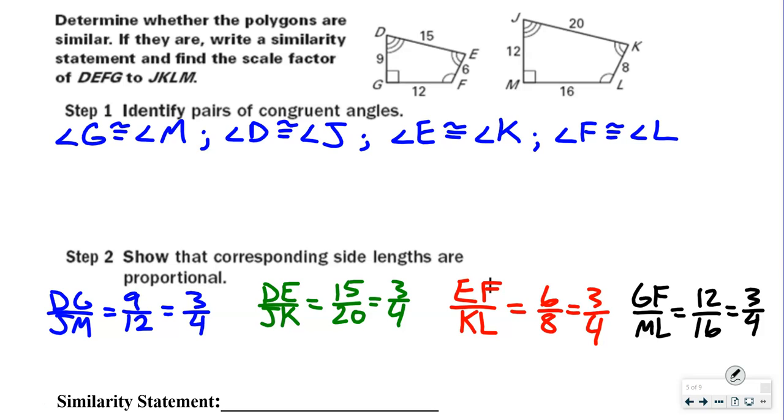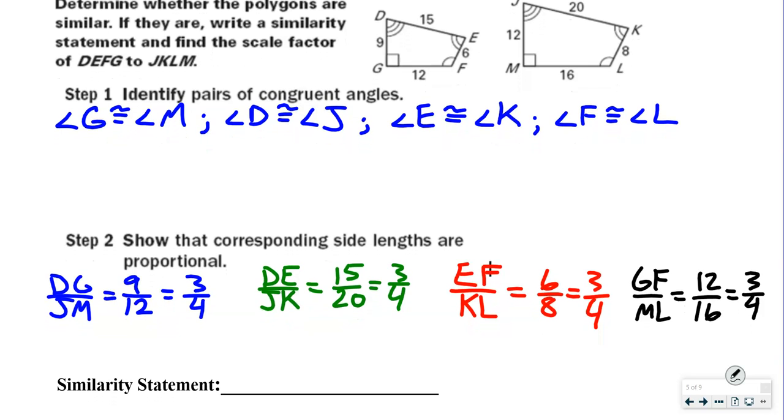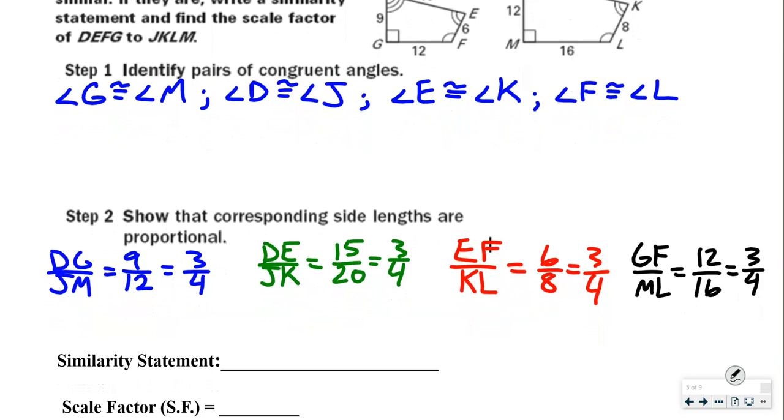So we can see that all of our corresponding sides are proportional. All of them have that ratio of 3 to 4. So our quadrilaterals in this case, these trapezoids, are similar figures. So we can make the similarity statement.